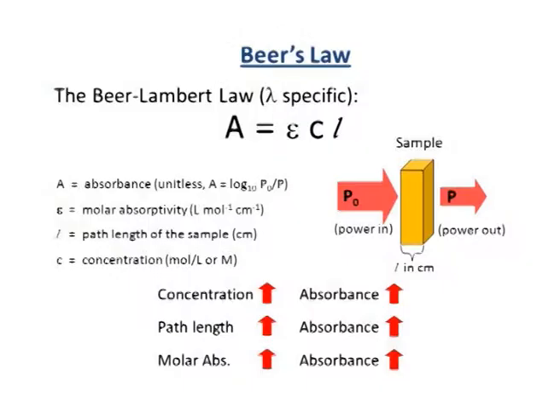Beer-Lambert's law, the general absorption law for UV visible spectroscopy, is the combination of Beer's law and Lambert's law.